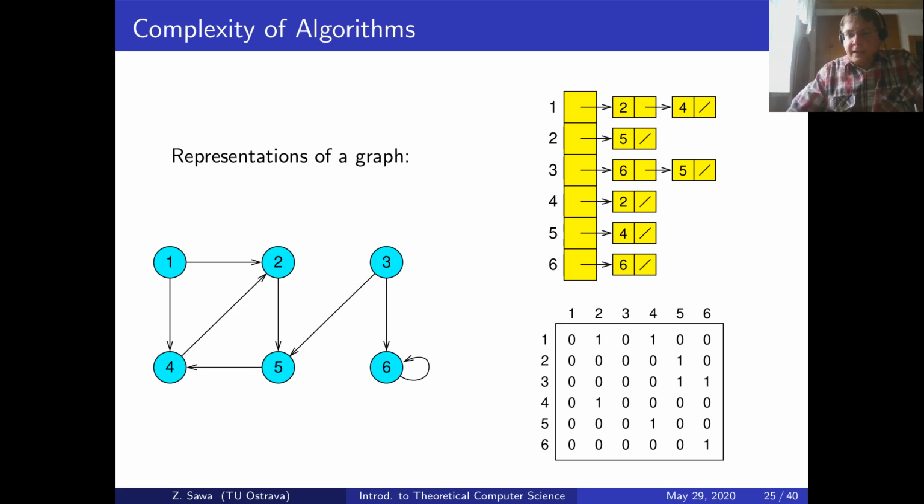But if the graph were dense, in the sense that almost any node is connected by an edge with almost any other node, then it would probably be more efficient to use the matrix representation, because one element of this array requires just one bit, whereas a cell for one edge takes several, maybe tens of bits at least.